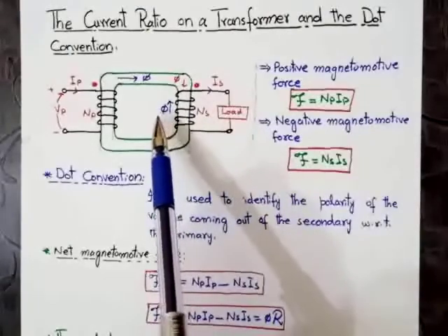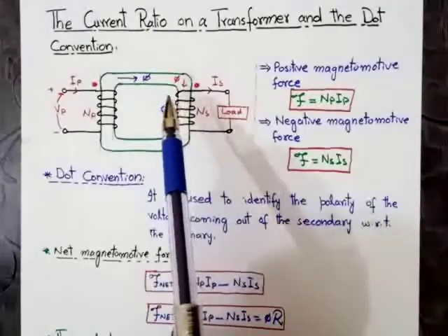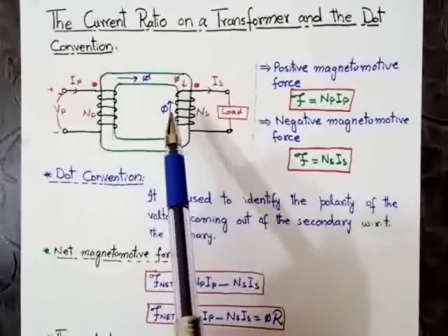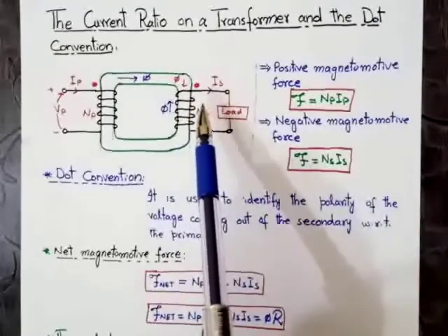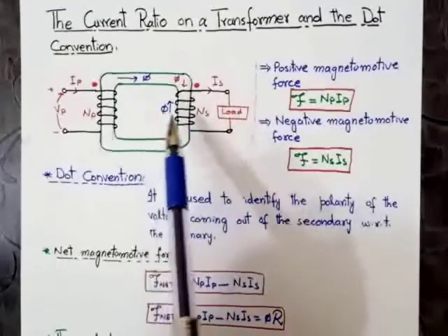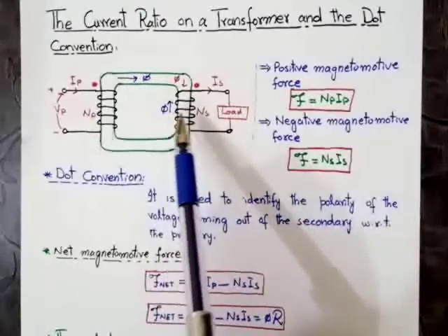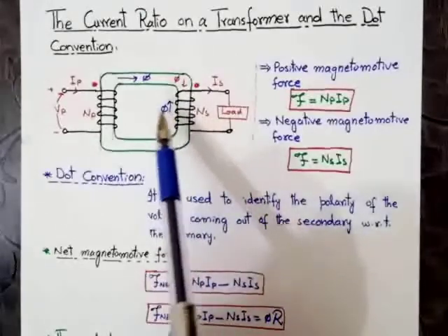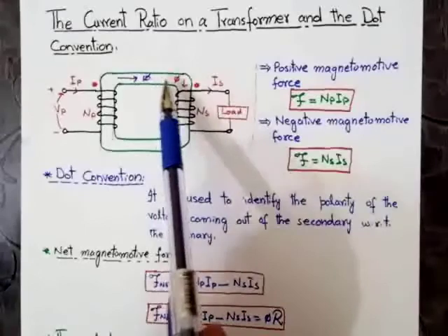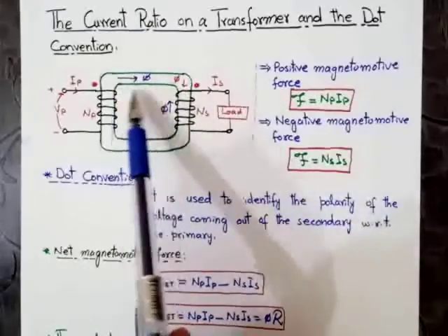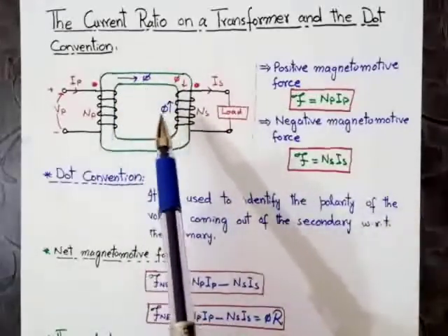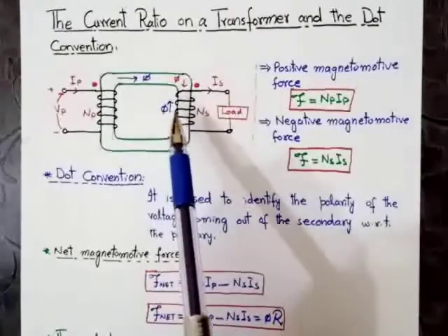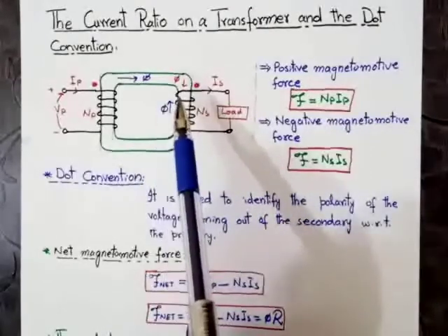When the voltage is induced across the secondary circuit, current flows, and due to this current a flux is produced across the secondary winding. The direction of this flux will be opposite to the direction of the applied flux. The reason is that according to the law of inertia, the charges don't want to move.